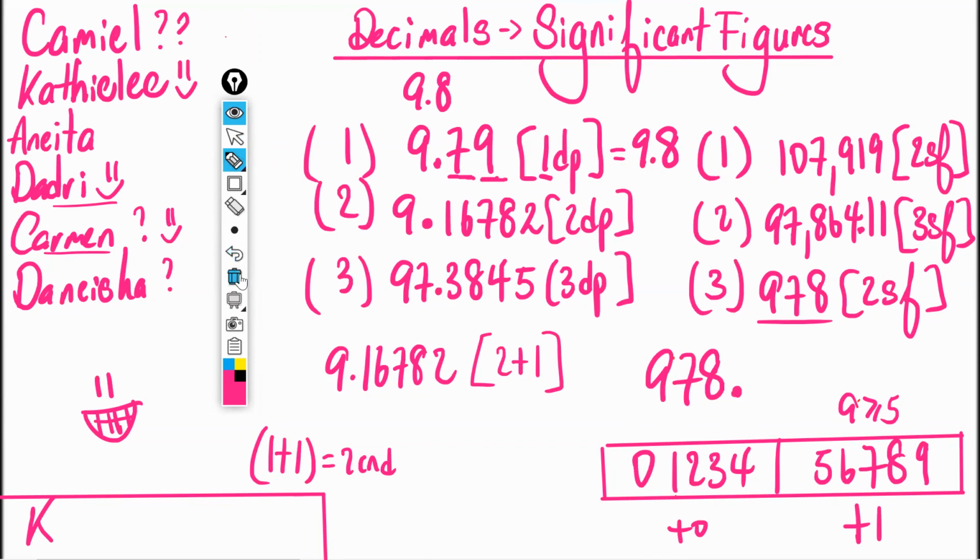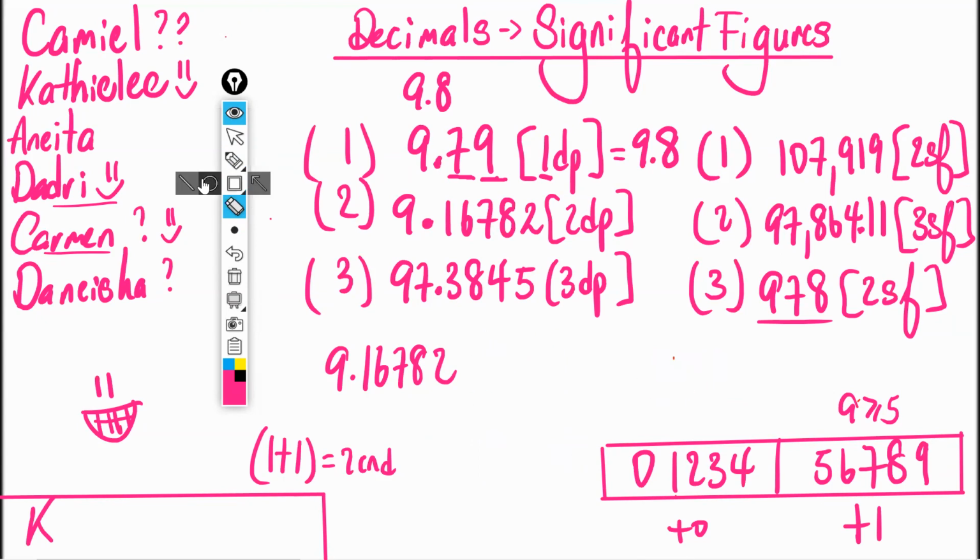You've probably done dollars and cents before: 978 dollars and 0 cents. So there's always a decimal place there, and decimal places are for the numbers after the point.